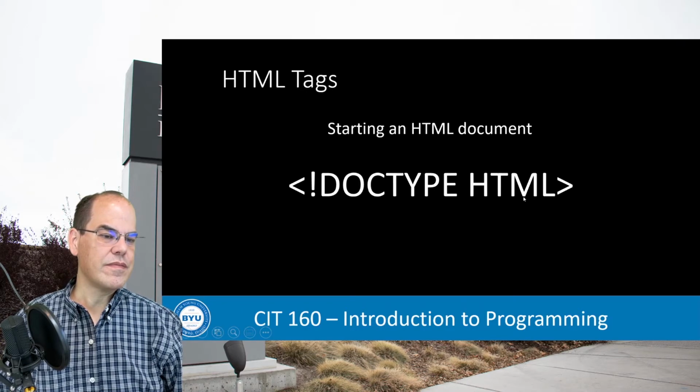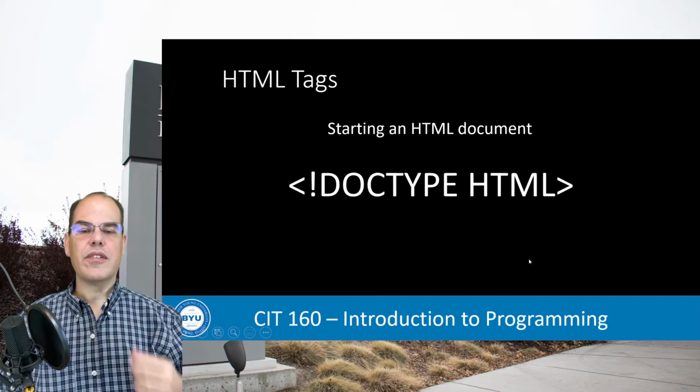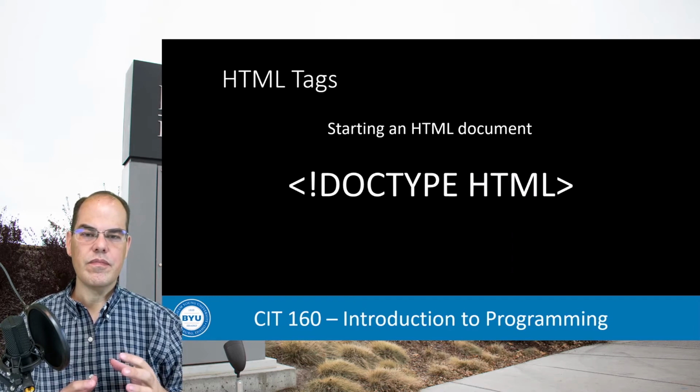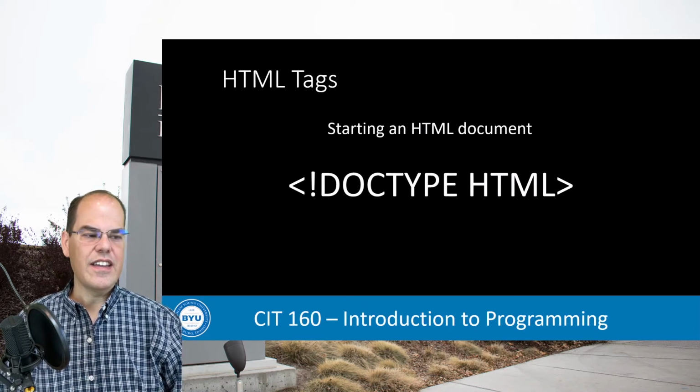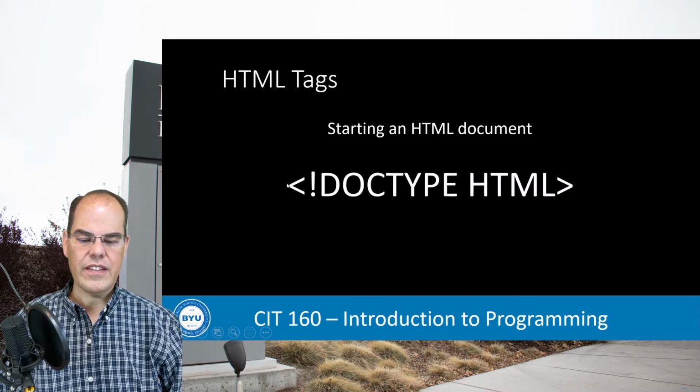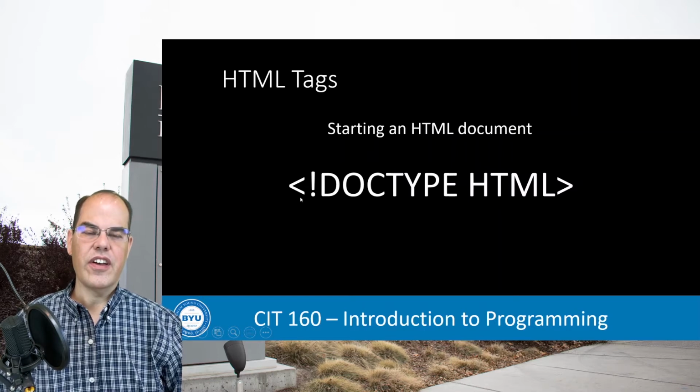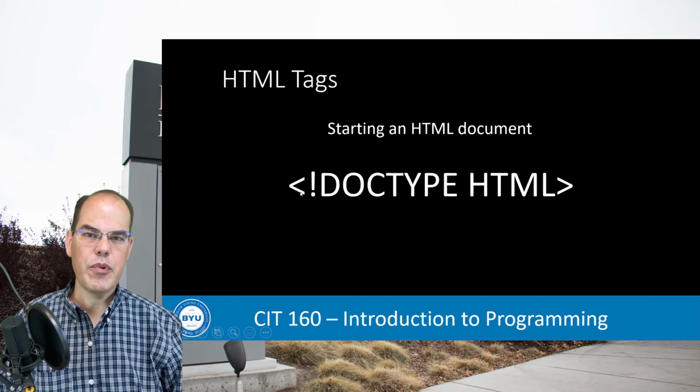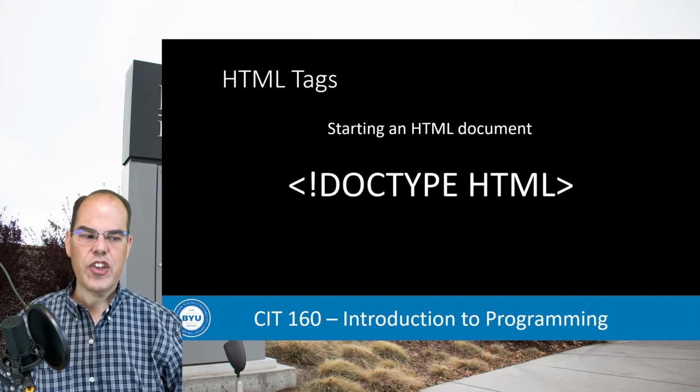So all HTML documents start with a unique tag, and this is the one that it starts with. It's just a less than symbol, an exclamation mark, document type or doctype HTML.